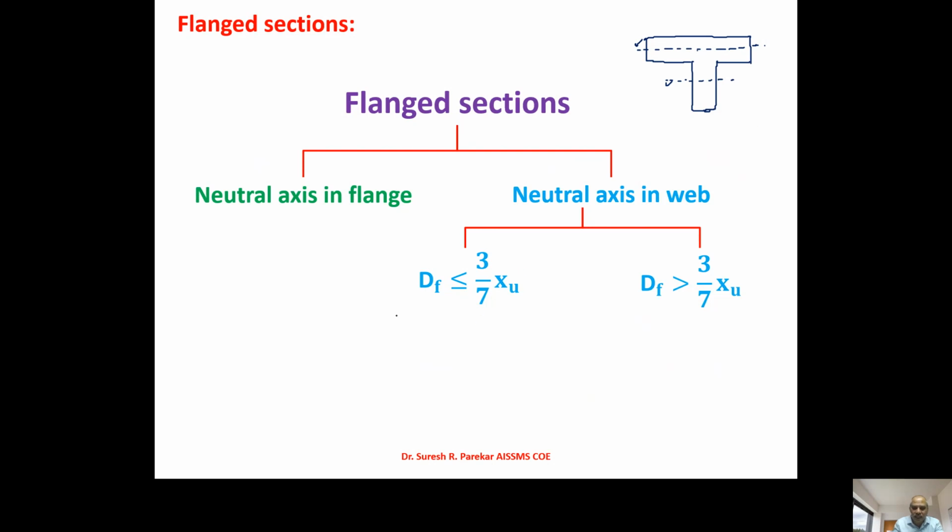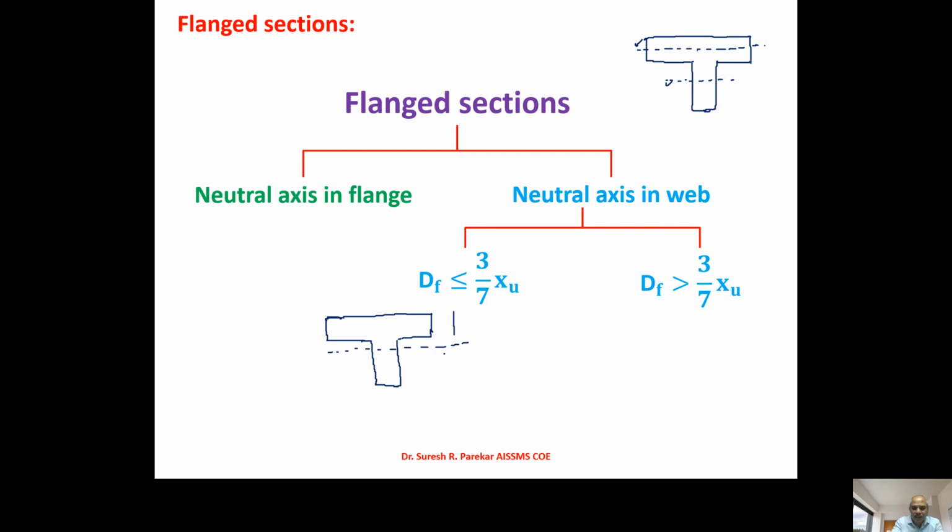Now if I draw the flange section, we will draw a stress diagram. Now you can see in this, df is less than 3/7 XU.